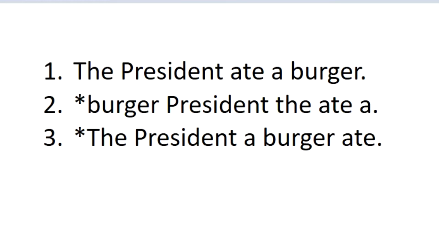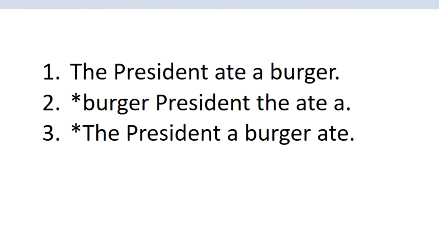However, the second and the third sentence don't have a good sentence arrangement. In the second and the third sentence, we see that the word burger precedes ate, so it is different from sentence number 1.